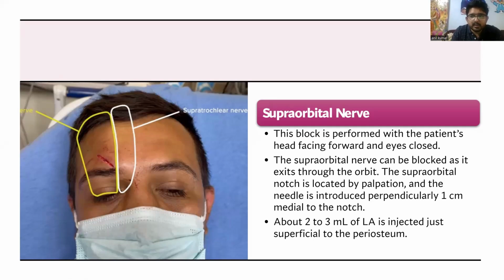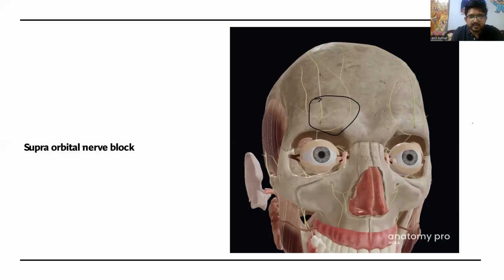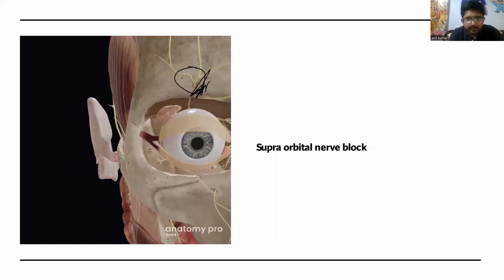You must identify the supraorbital notch, and it is easily identified by palpation, even in obese patients. The needle is introduced perpendicularly 1 centimeter medial to the supraorbital notch. So here is the supraorbital notch, and you inject just 1 centimeter medial to it. You go perpendicularly, hit the bone, and inject the anesthetic there.